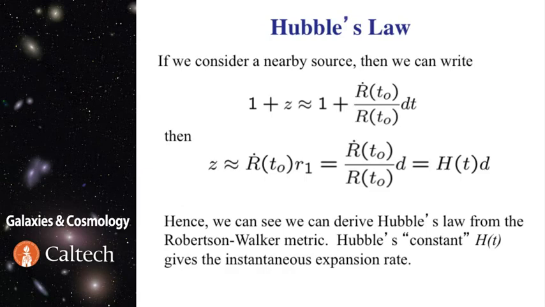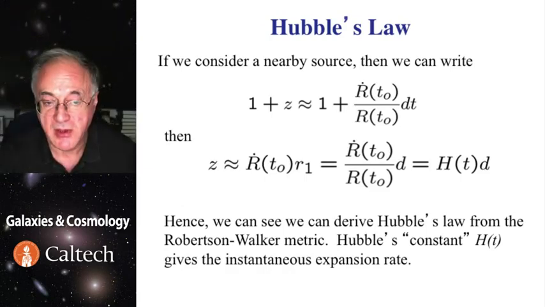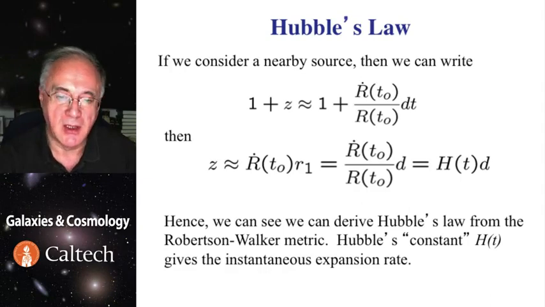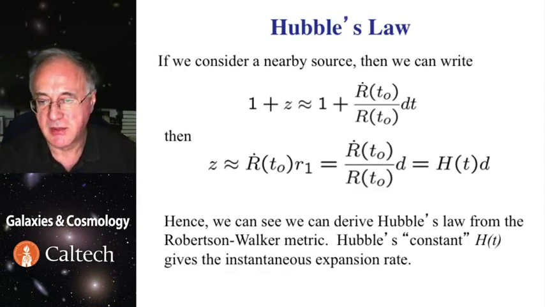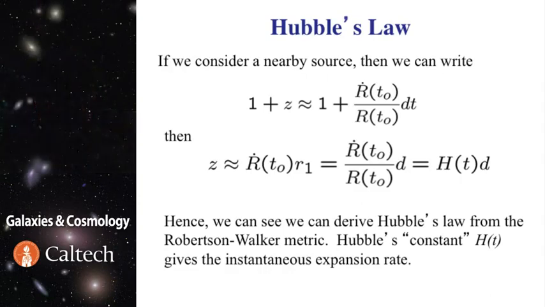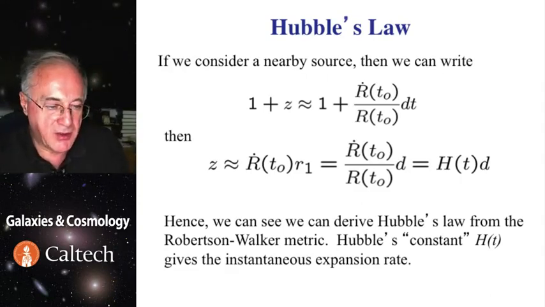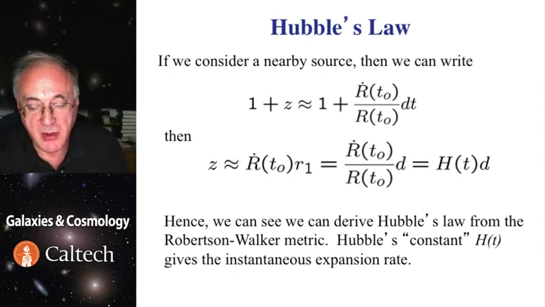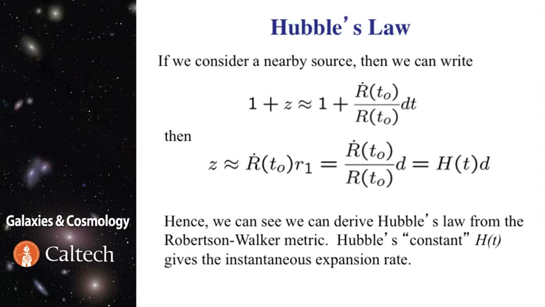In other words, it is a dimensionless fractional change in scale factor, and that is what the Hubble constant is. So we can derive Hubble's law directly from the Robertson-Walker metric, and the Hubble constant is not really a constant. It changes in time, but at any given time it is a constant, obviously, and so it's an instantaneous expansion rate. Today's value is usually denoted as H naught, with a little zero subscript.